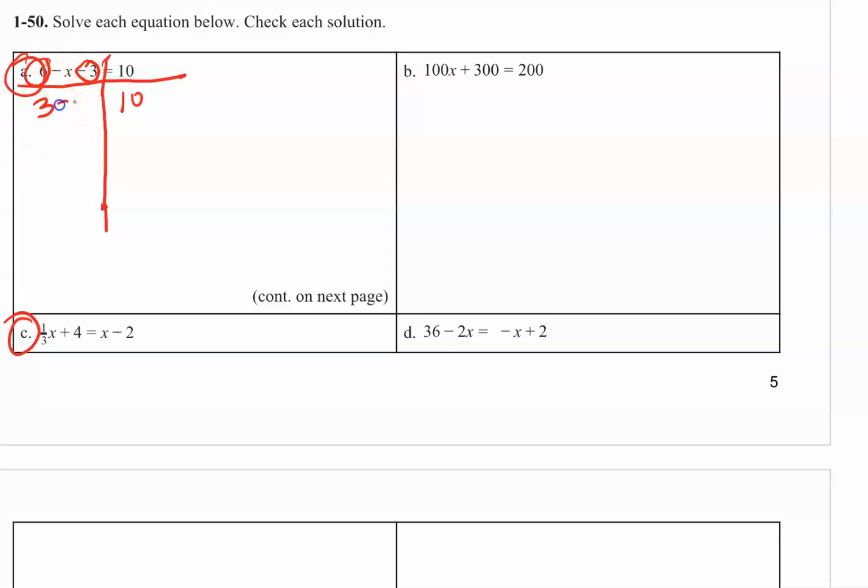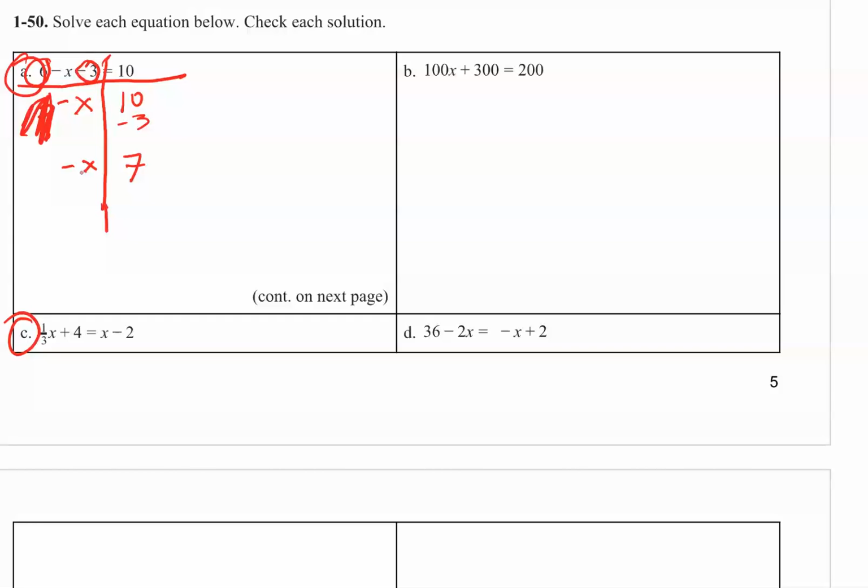So a normal 3 minus x. Alright, now we want to get x alone. So the next thing I'm going to do is take away 3 on both sides. Make a 0 pair. 3 minus 3 cancel. 10 minus 3 is 7. And be careful because negative x is still there.